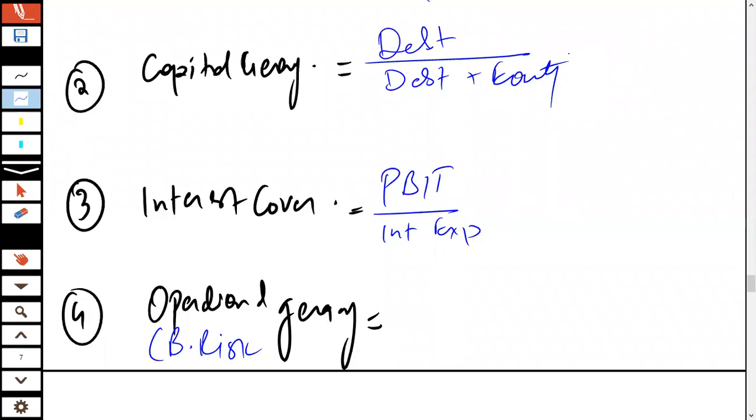What are those multiple formulas that we use in order to calculate it? One of the formulas that we use is contribution divided by PBIT. The contribution divided by PBIT is one of the formulas that we use in order to establish the operational gearing.